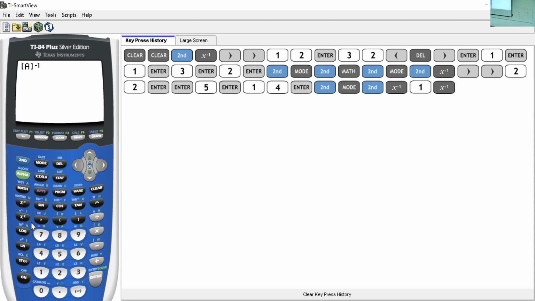Click, you get inverse. Good. Go to matrix, select number 2, B. Put this over. Hit enter, you will get the answer. Ready? X is 4.